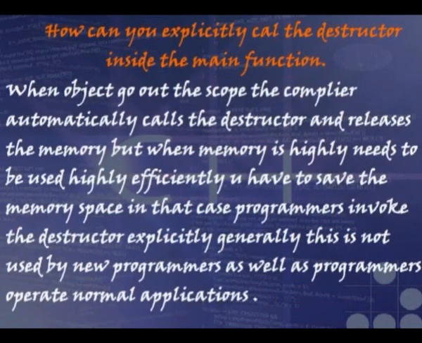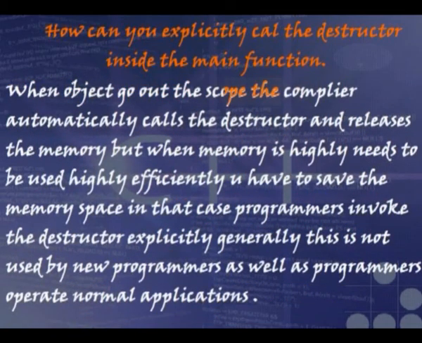Generally, when objects go out of scope, the compiler automatically calls the destructor and releases the memory. But when memory needs to be used highly efficiently, we have to save that memory space. In that case, programmers invoke the destructor explicitly. Generally, this is not used by new programmers as well as programmers who work on normal applications.